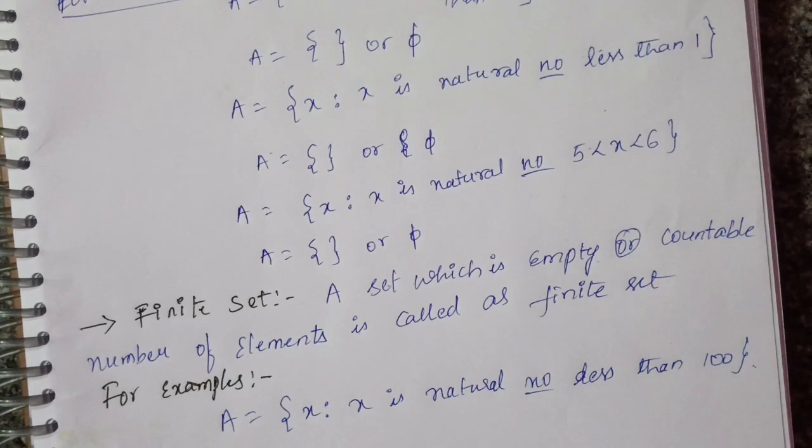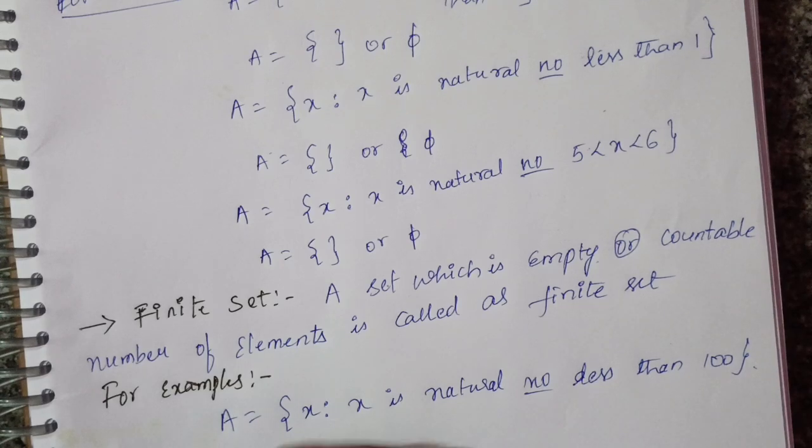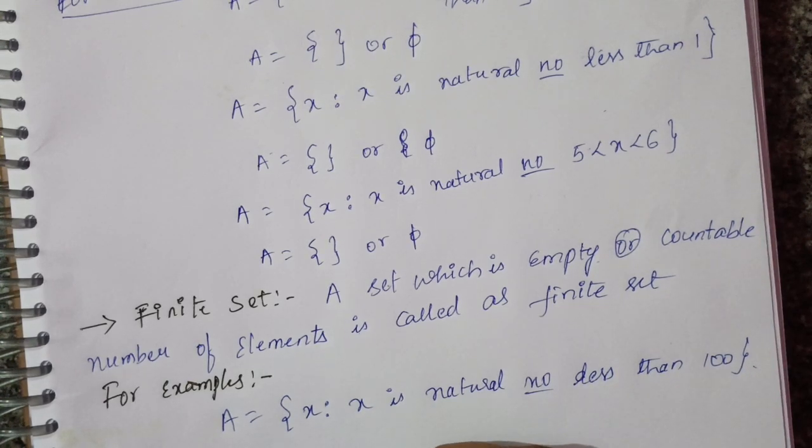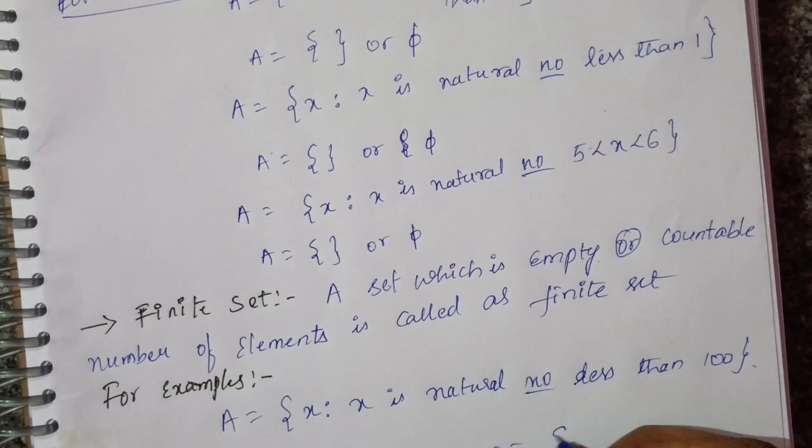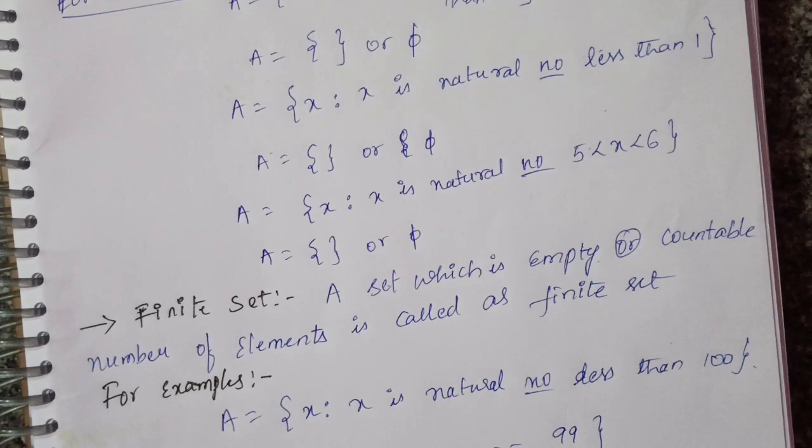So it is a finite set. In roster form we will write 1, 2, up to less than 100, that means 99. So it is called a finite set.